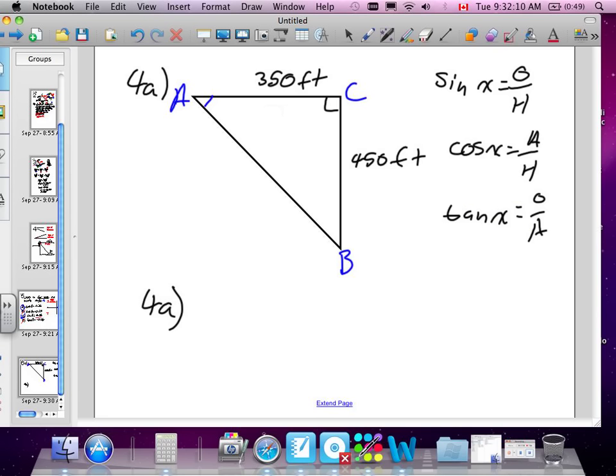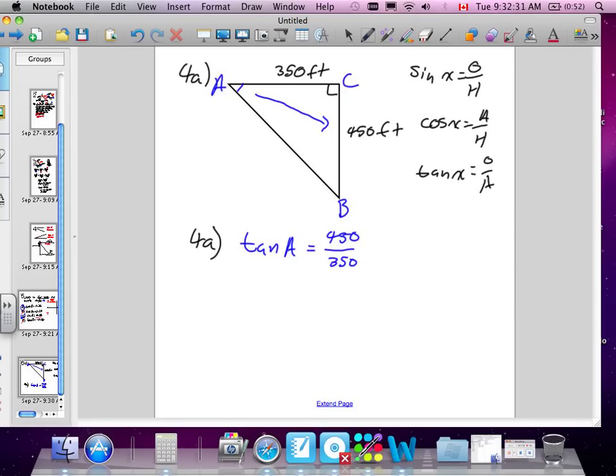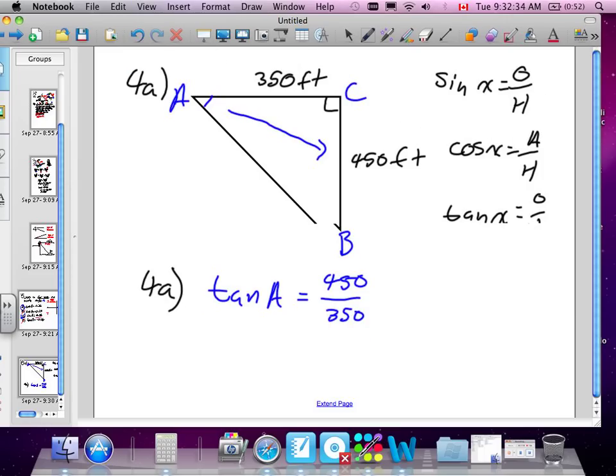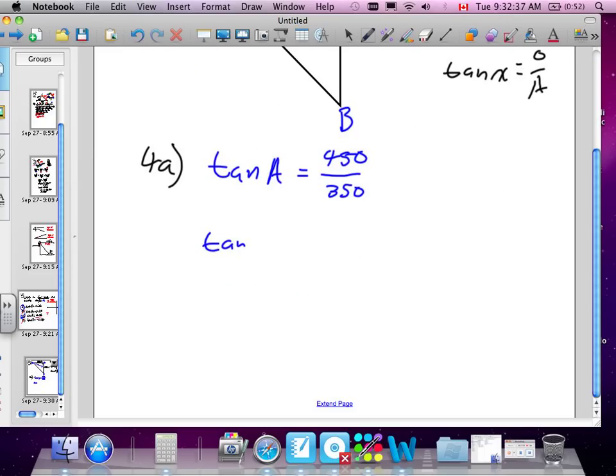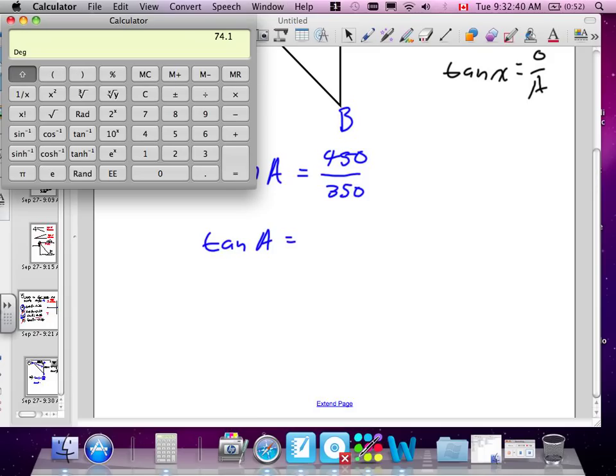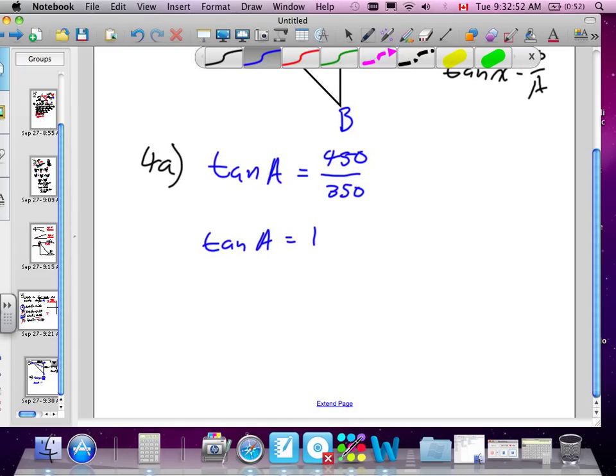So we're going to set this up. Say we're working on angle A. So I'm going to say tan of A, that's the angle we're looking for, is equal to opposite, which is 450 feet, divided by the adjacent. It's 350 feet. So, tangent A is equal to, we're going to do 450 divided by 350, becomes 1.28 as a ratio.